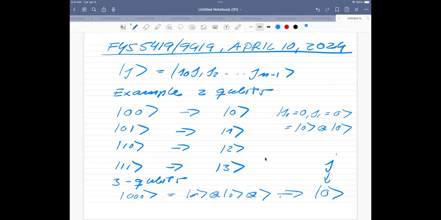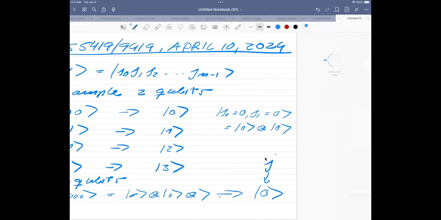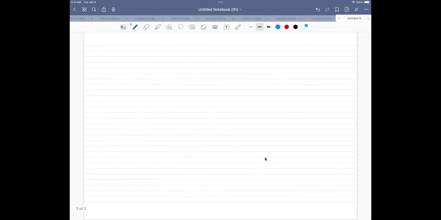Now, if we are using a binary integer notation, then this J can be written out in terms of J0. You can always invert the order between J0 and Jn minus 1. It doesn't matter. You just opt for one ordering of the bits. So it's common to have the most significant first, and then the less significant, etc. So in this case, if you have an integer representation, you use this one.